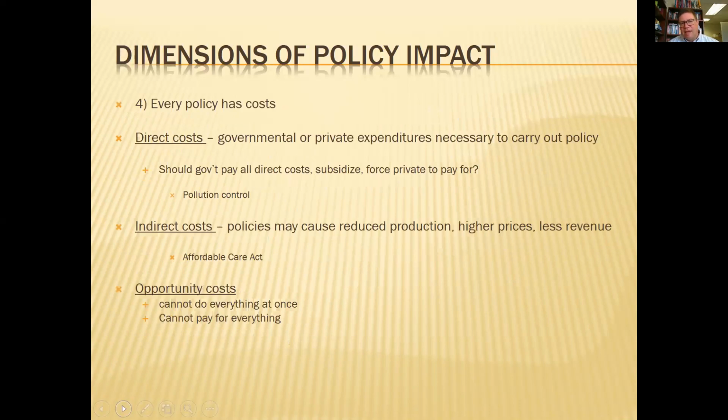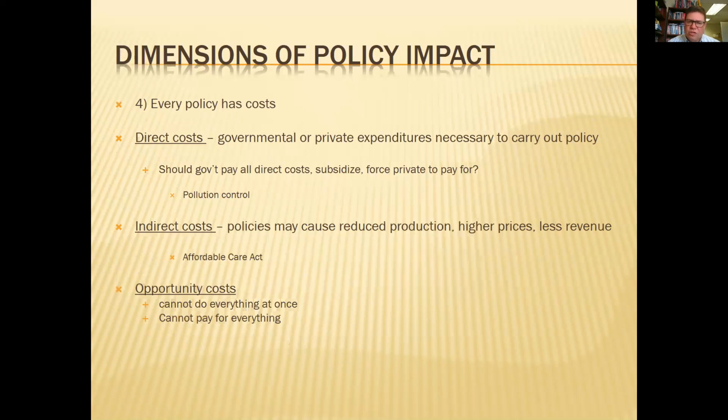Now, every policy that we have has costs, and we have to learn how to address what these costs are. So there are basically three things that we can think of: direct, indirect, and opportunity costs. So direct costs essentially is, how do we focus on who's going to pay for a program?